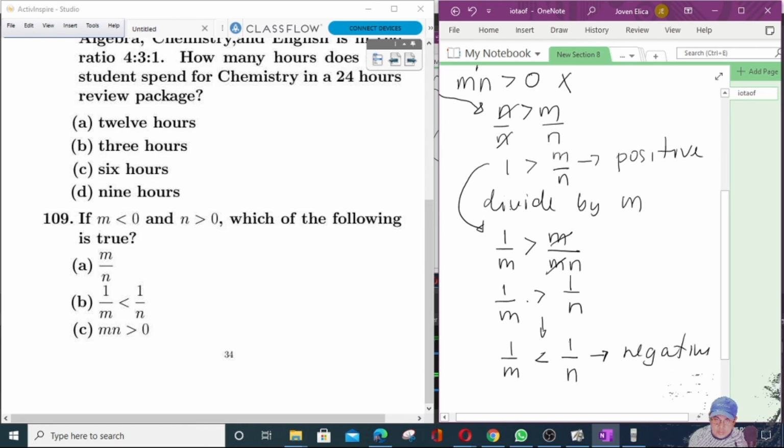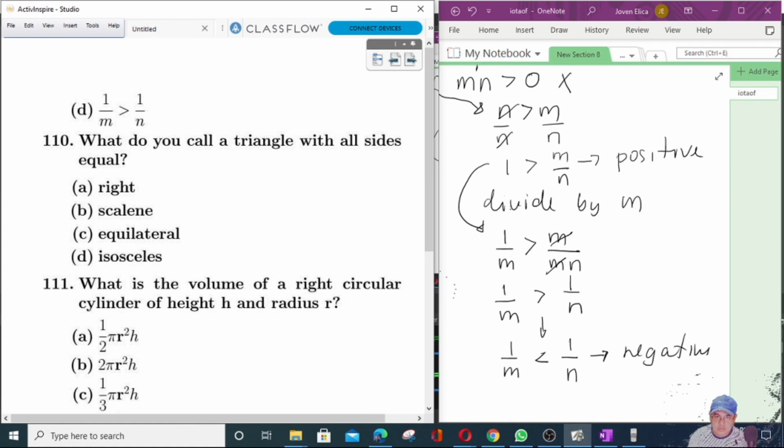If we do not change it, it does not conform with the condition, because 1 over a negative number is not greater than 1 over n, because 1 over n is higher. So the answer should be letter B and not letter D, because 1 over m here is greater than 1 over n.